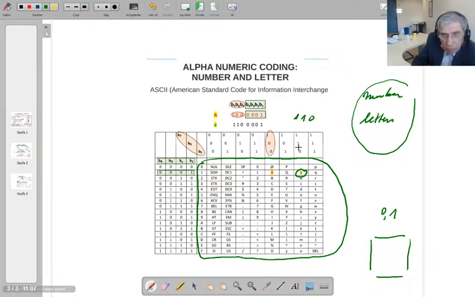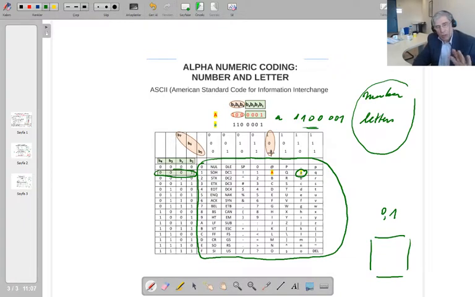That is the column binary number, and the corresponding row code is this. Write it next to it, 0, 0, 0, 1. So that is the representation of small a by using this coding system. It is this one.